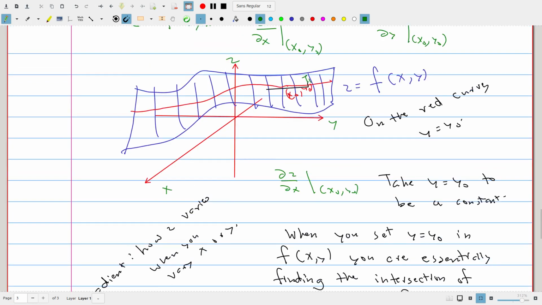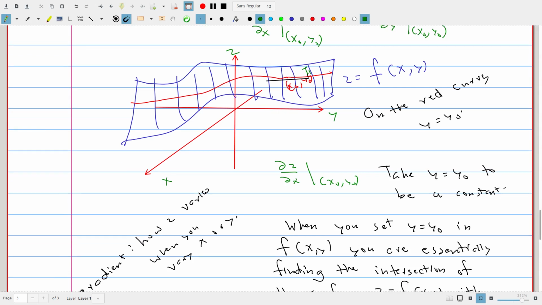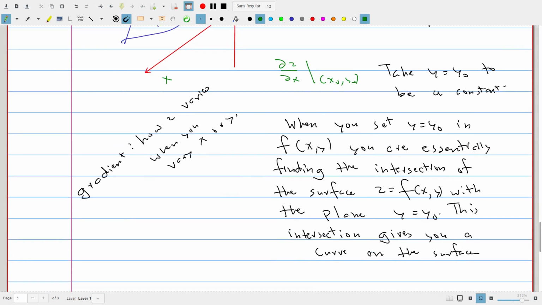When you take x to be constant, you get another curve that is the intersection of the plane x equals x naught and the surface z equals f of x, y.